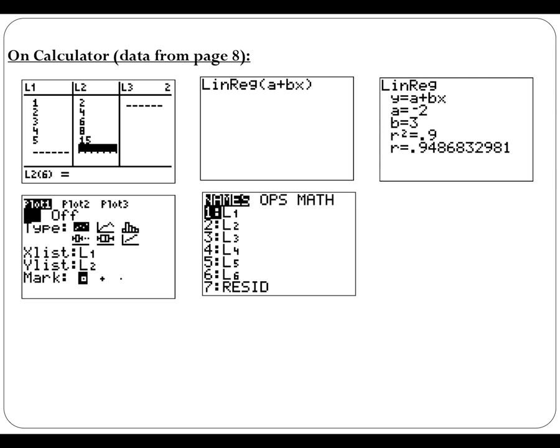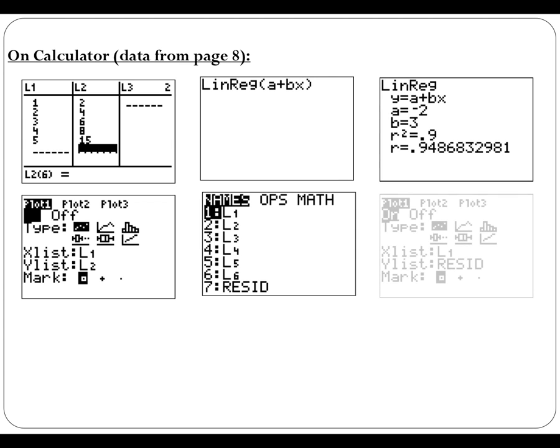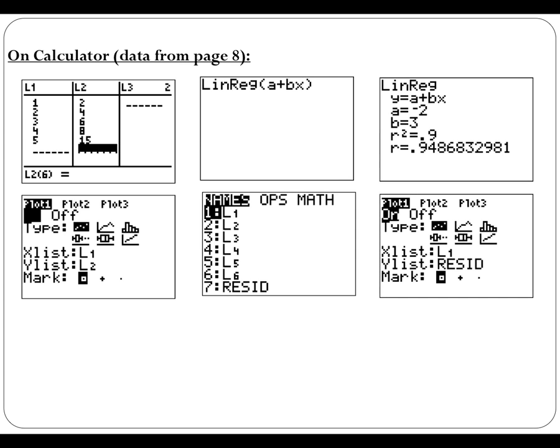That's a list of the residuals. So go down and hit enter. And then your stat plot should look like this. So now your calculator is graphing L1 X's versus the residuals. And hit zoom 9. You should get that.